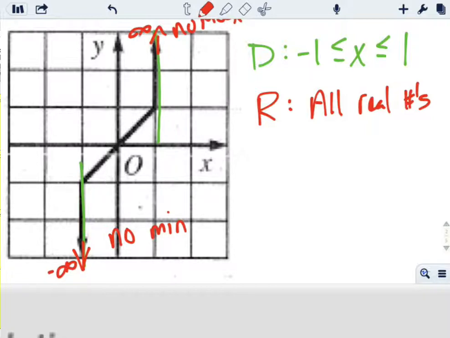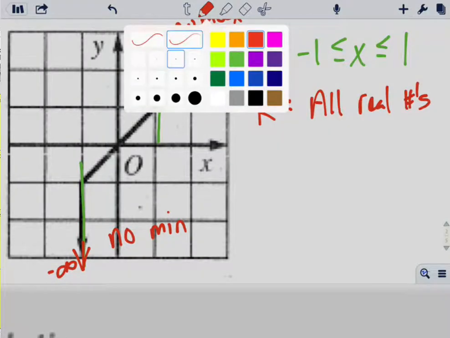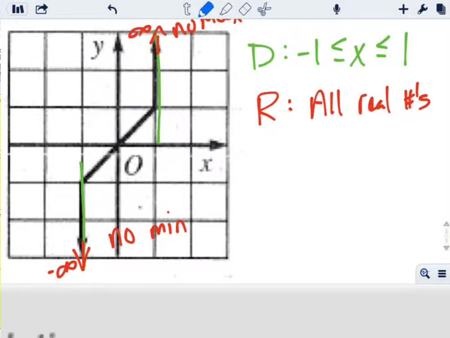Now, let's talk about function or not a function. This one is not a function because it fails the vertical line test. You see this vertical line I just put, this blue one? It crosses it everywhere on this line. Same thing happens over here. It fails the vertical line test.